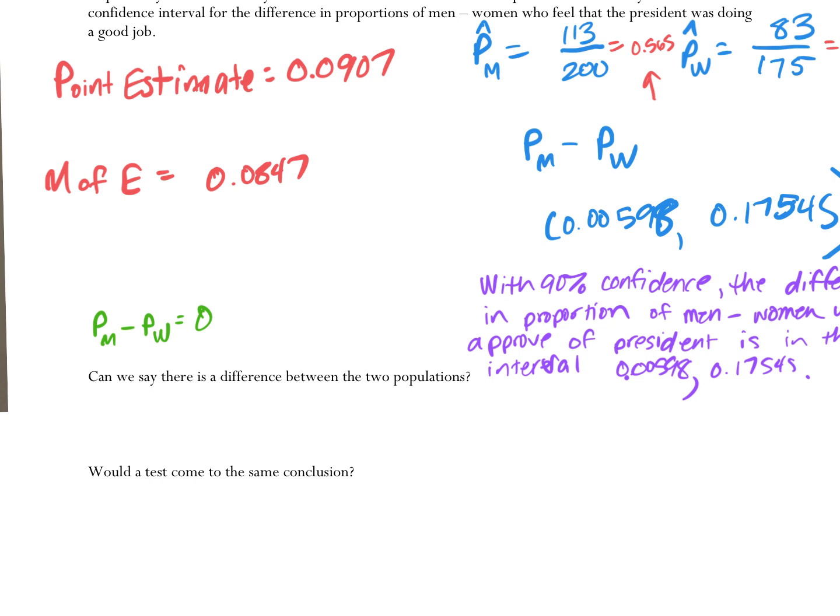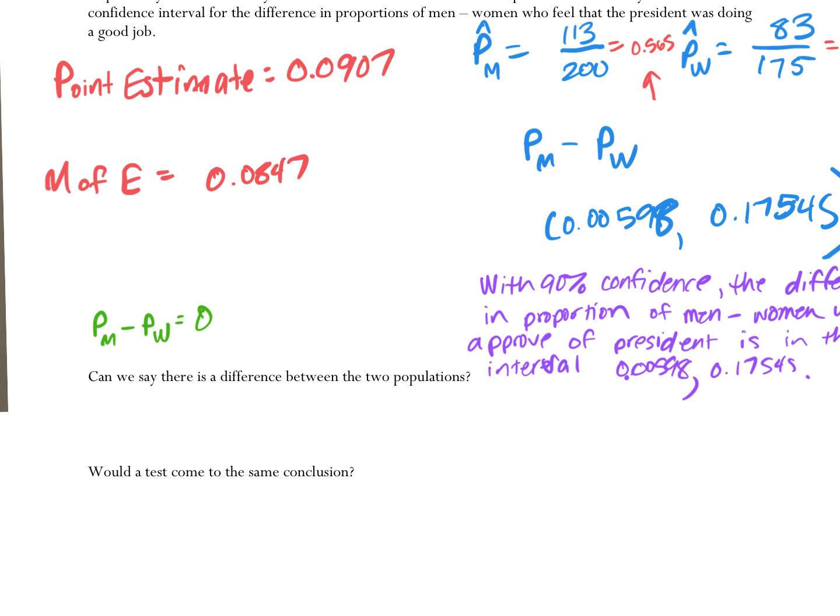If I'm looking for a difference between two groups, the value to look for is always 0. If 0 is in the interval, like if it were negative 0.21 to positive 0.3, then 0 is in the interval. We can also look at this and say the whole interval is positive.